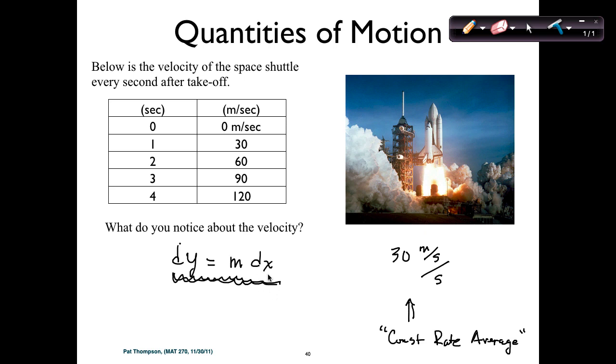Okay, so excellent. So what is a change in x here, in this case? Given a change in seconds, we say the change in velocity, right? So given any change in time, the change in velocity is 30 times that change in time.